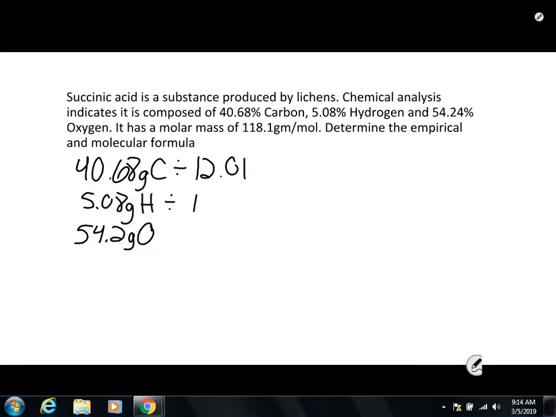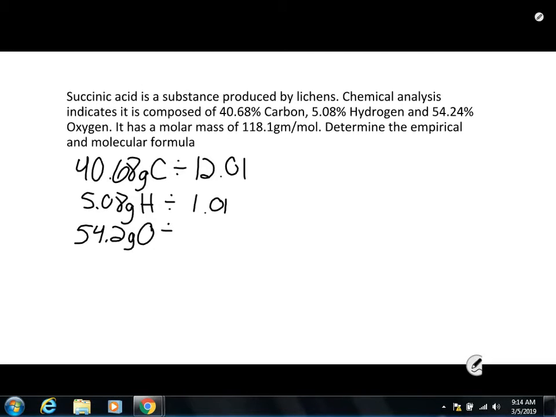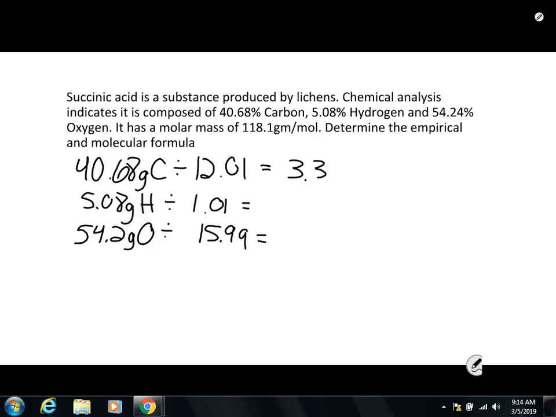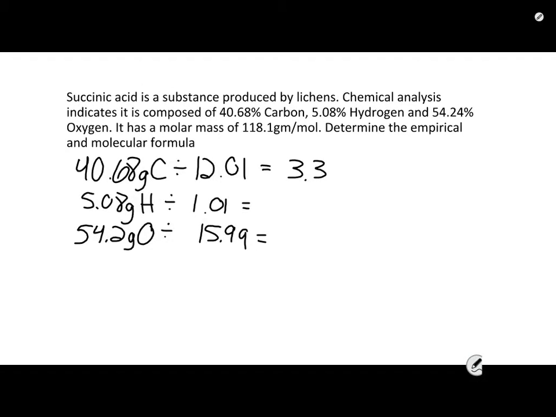Divide by 1.01. Divide by 15.99. If you divide it by 16, that's fine. That's okay. When you do that, you're going to get 40.68 divided by 12.01, which is like 3.39.